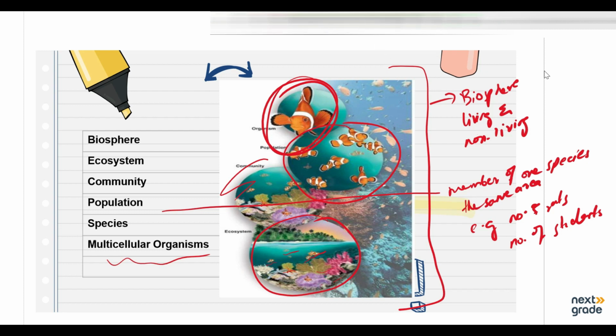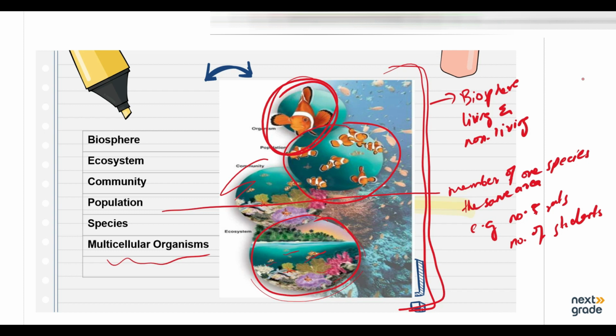I think you might now be familiar with these levels. This is the whole biosphere. Then there is a community. What is a community? A community is where non-living things live together with living things. Then in a community, two or more populations of different species live together and interact in the same area.